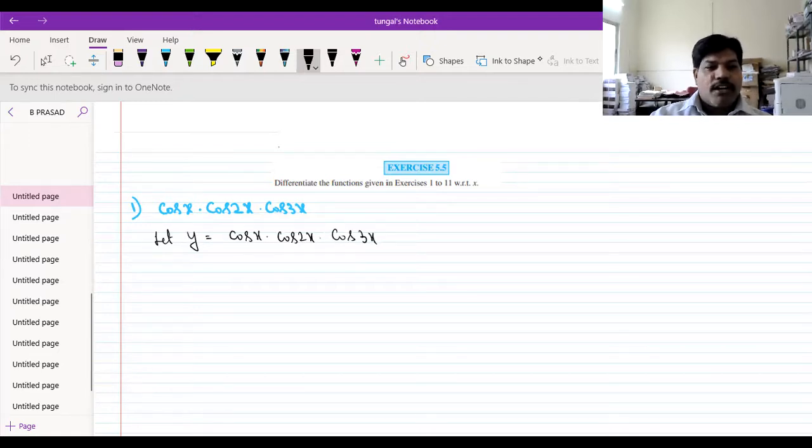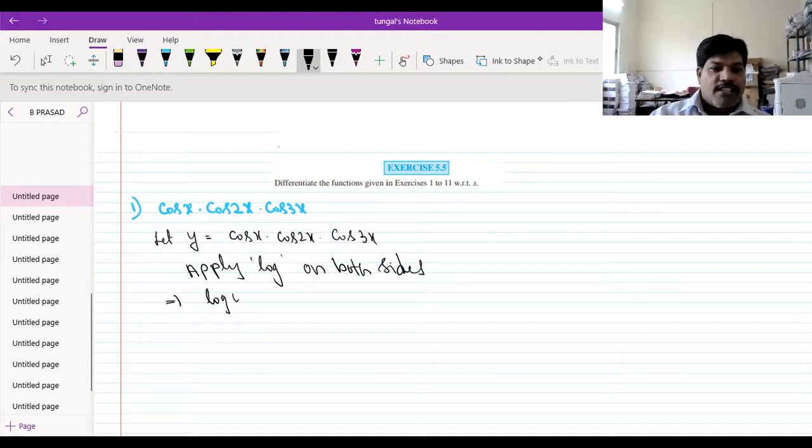Now apply log on both the sides with the base e. What is the base? Base is e, we did not write that. So what happens, sir?